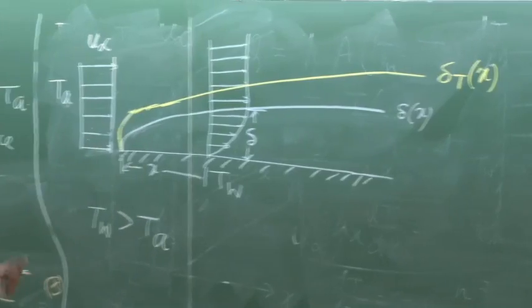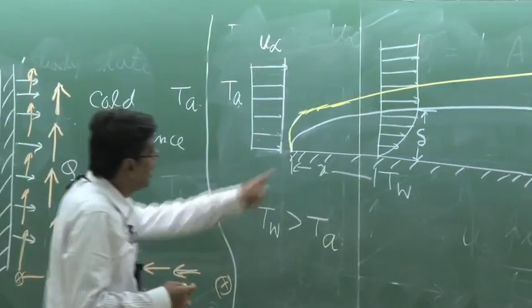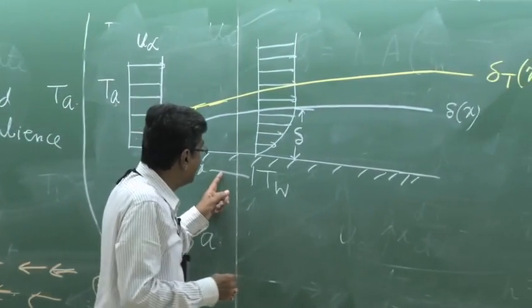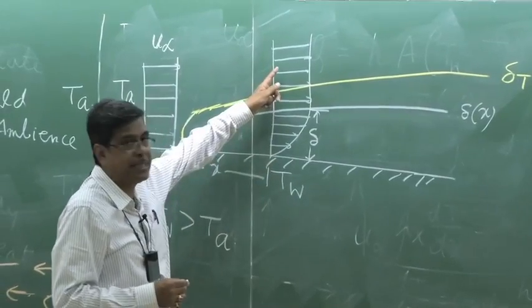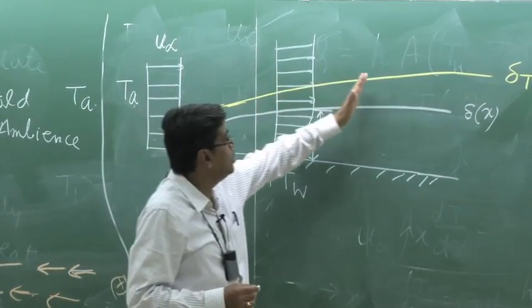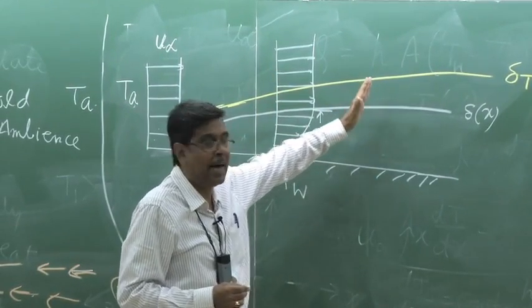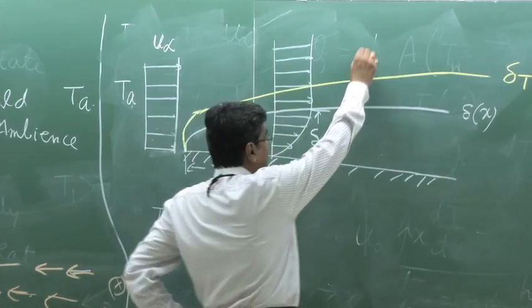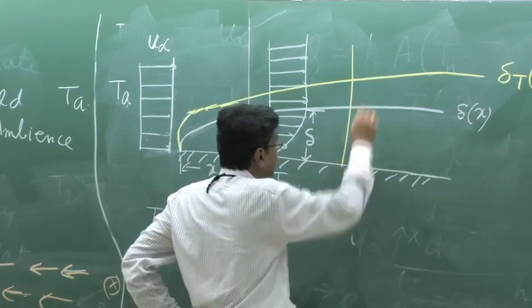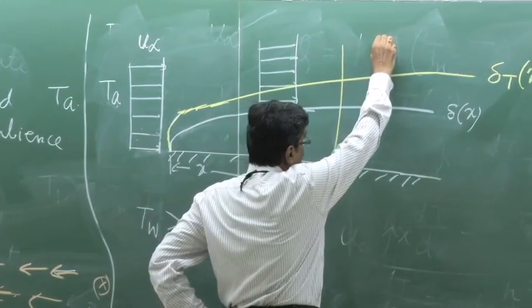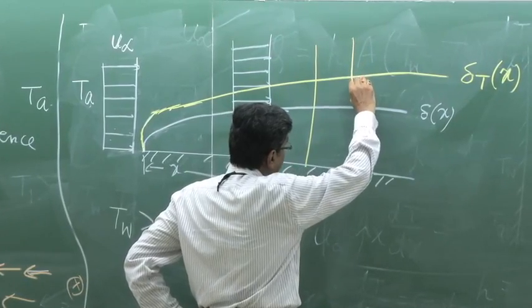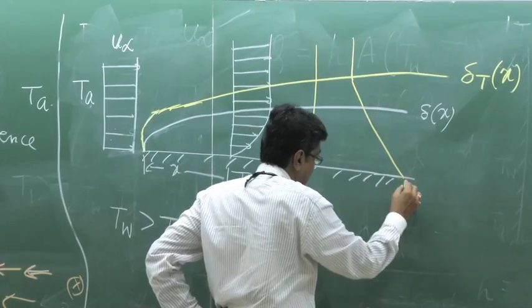And what is the implication of this thermal boundary layer? Similar to the velocity boundary layer, at this section if we plot the temperature variation, which I show you for clarity here, we cannot draw, but at the same section you will see the temperature variation will be like this.